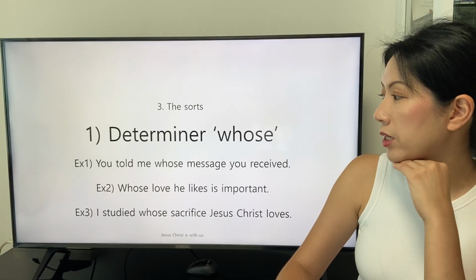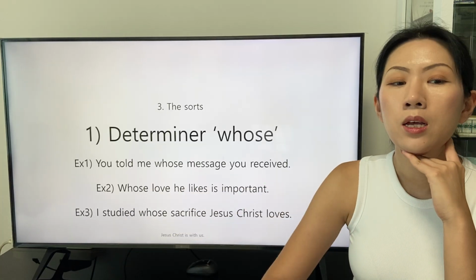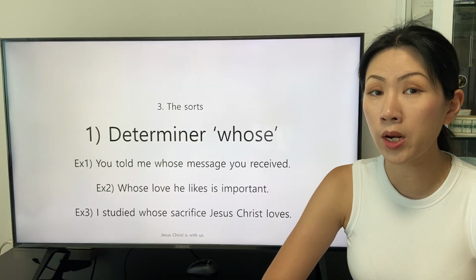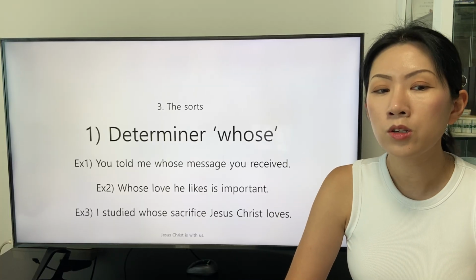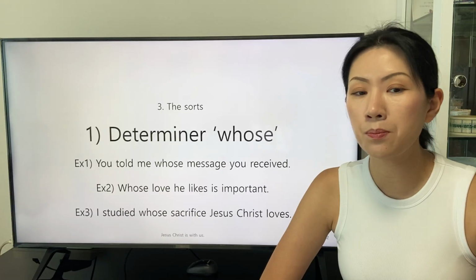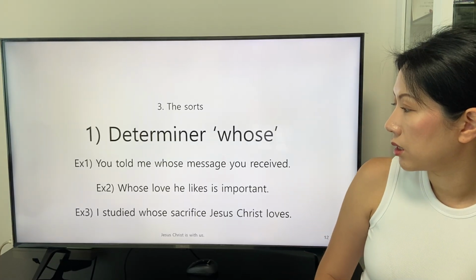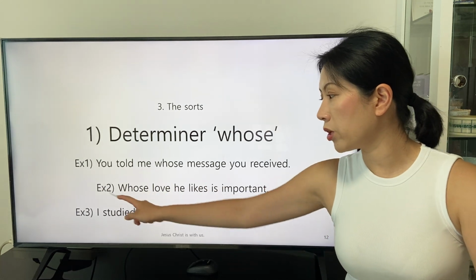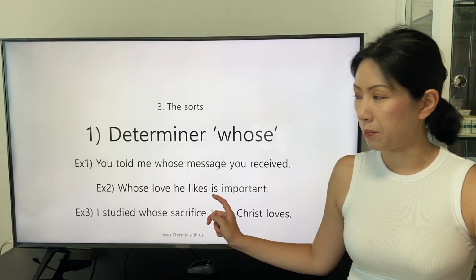And let's look into the second sentence. The second sentence that the determiner whose is applied as the subordinating conjunction is this. Whose love he likes is important. In this sentence, we can find that the subordinate clause is the subject of the main clause.